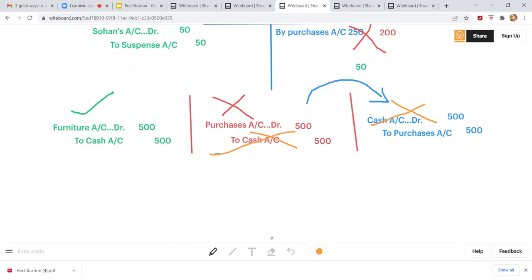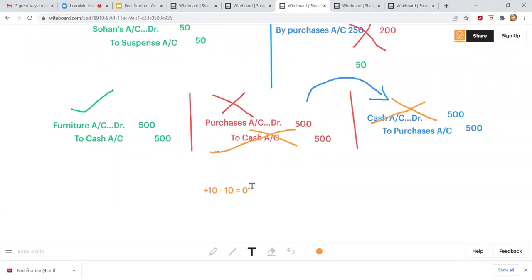As we know that if there is a value of plus 10 and there is a value of minus 10, it will give you zero value, right? So as we know that we reverse the wrong entry, so cash account debit will be nullified with this effect.